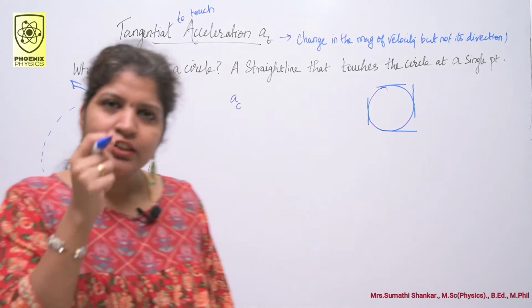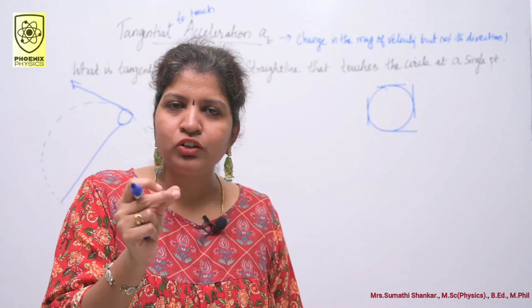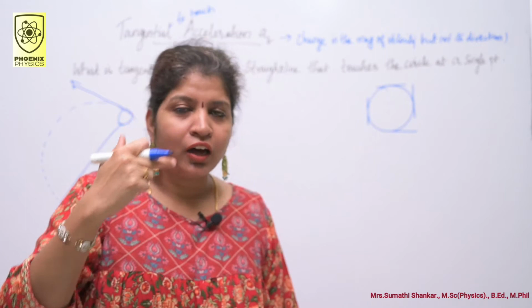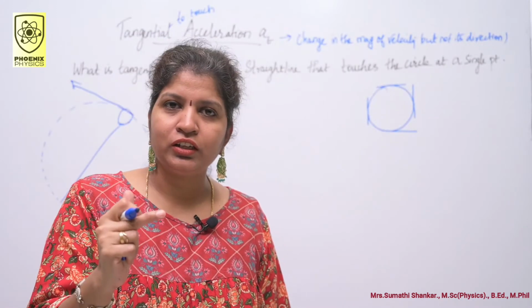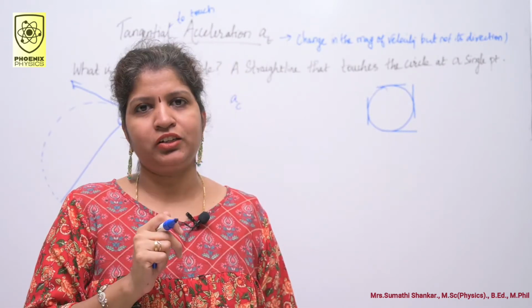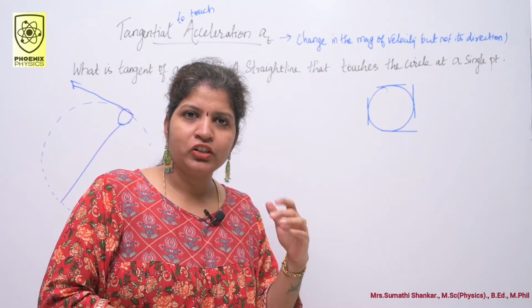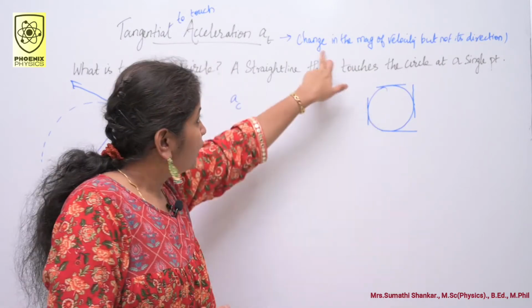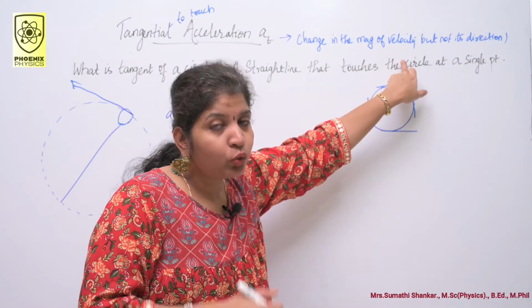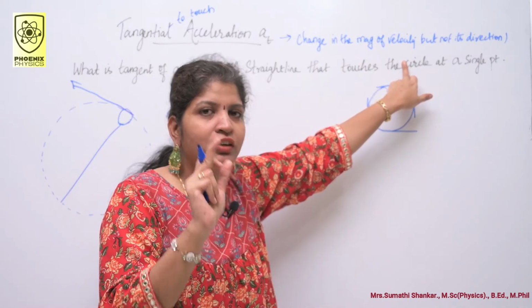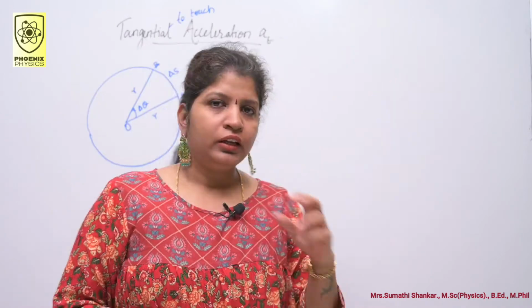So, tangential acceleration is linked to an increase or decrease in velocity but not its direction. The tangential acceleration refers to the change in the magnitude of the velocity but not its direction.